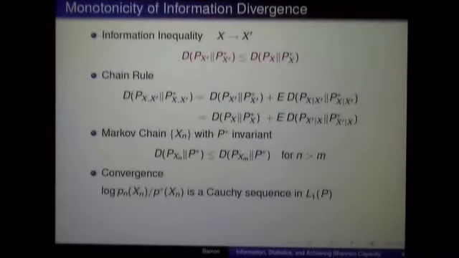So the information inequality says, if I have a pair of random variables, x and x prime, typically we're thinking about you first have x and then it goes through some channel or some transition probability and you get to x prime. But you might have two different distributions for x, p and p star. And those will induce two different distributions when you apply the transition, p x prime and p x prime star.